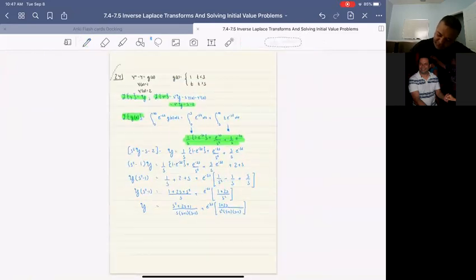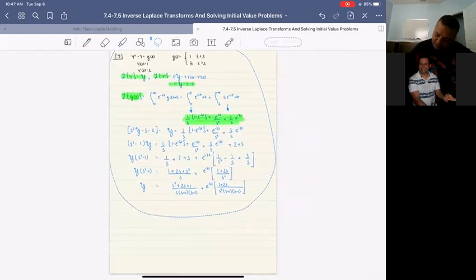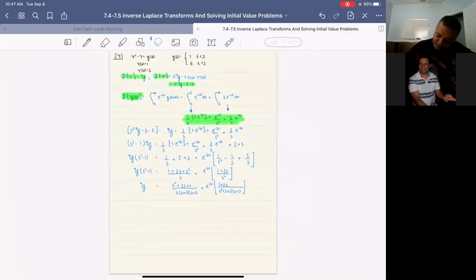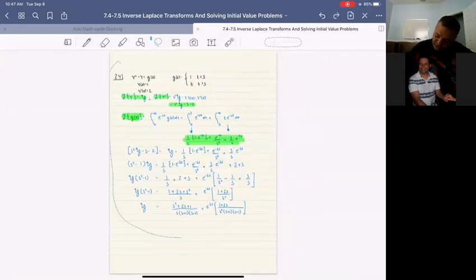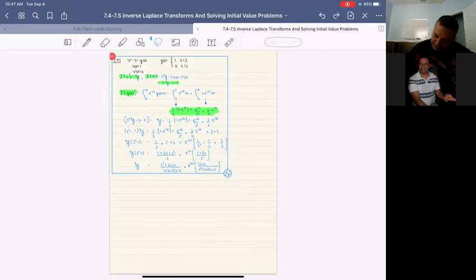Let me move things. Actually make things a little smaller too. All right.